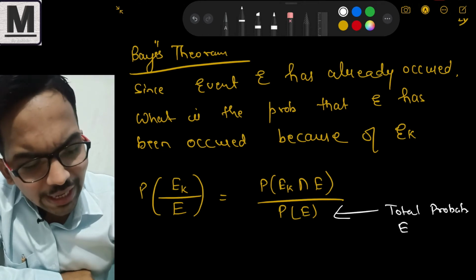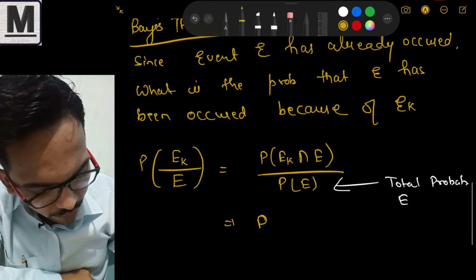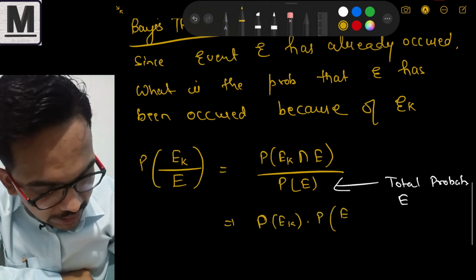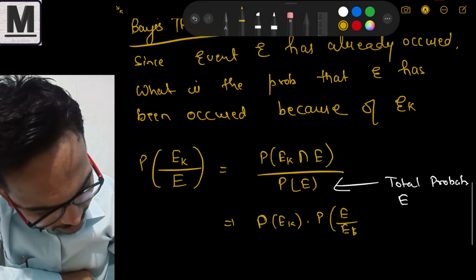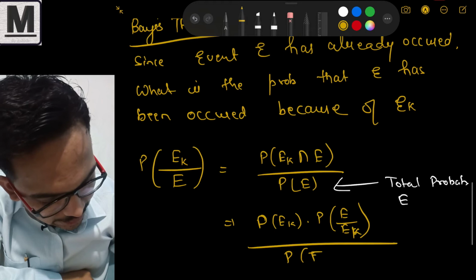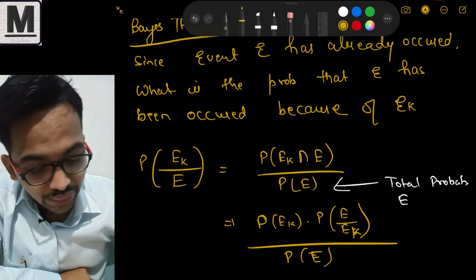We can write it as one more step: the probability of Ek into the probability of E given Ek, upon the probability of E, which is the total probability of occurrence of event E.